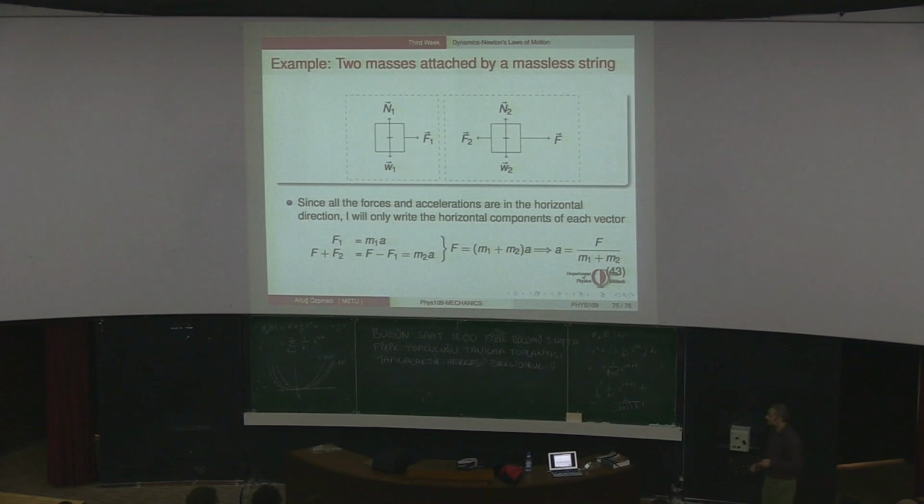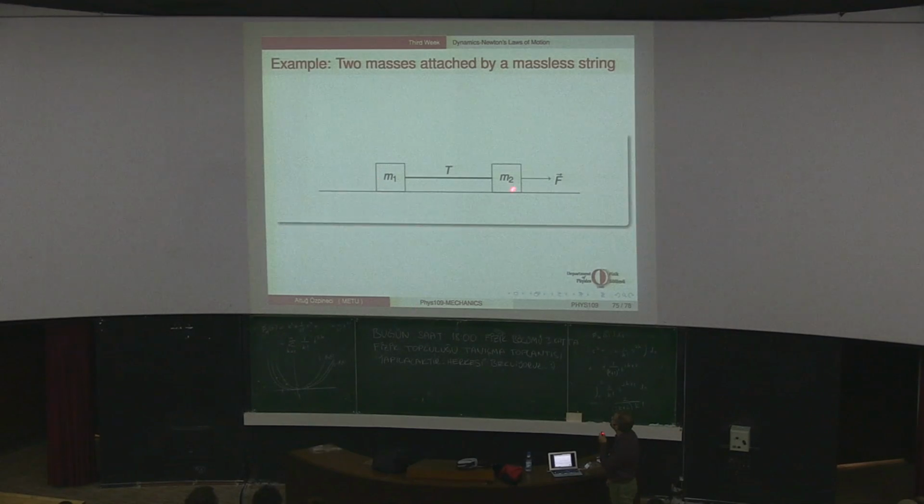So if you just imagine this system as our large object, the total mass of this large object is m1 plus m2. The net force acting on my large object is F. So the acceleration is the total force divided by m1 plus m2. So the result is not something of a surprise.